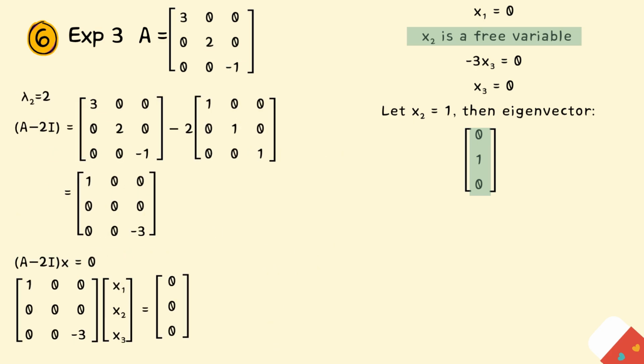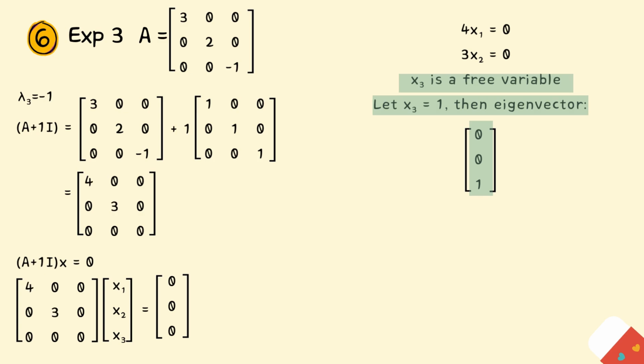Next, let's find the eigenvectors for the second lambda, which is 2. We use the same logic as the previous one, so the second x is a free variable. So the eigenvector will be [0, 1, 0].